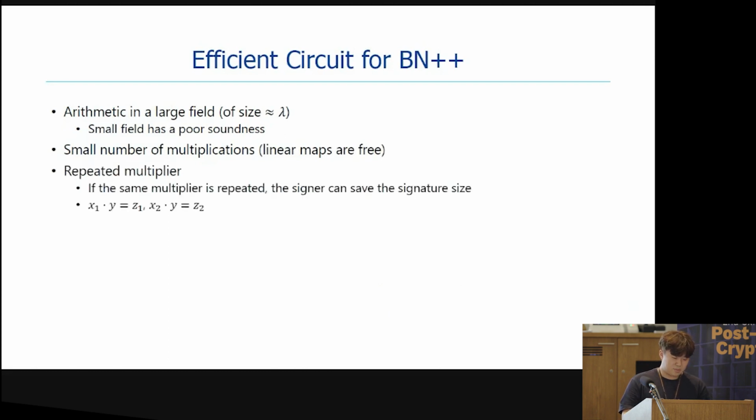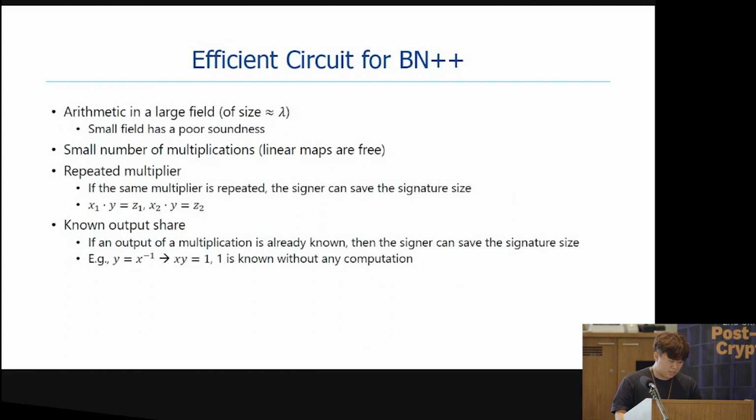There are some techniques for BN++ called repeated multiplier. If some multiplier is repeated, then the signer can save signature size. For example, if x1 times y equals z1 and x2 times y equals z2, then y is the same multiplier, and the signer can save signature size.